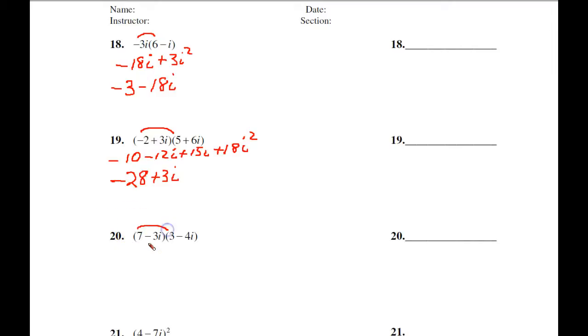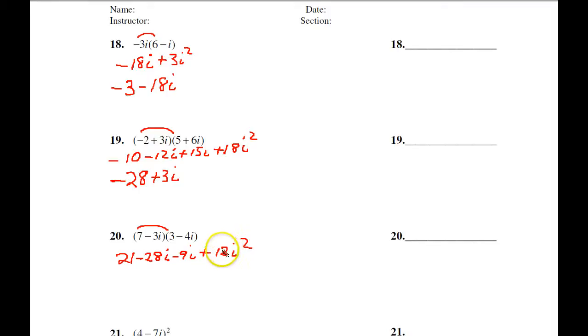FOILing, that's a positive 21. Outers is a negative 28i. Inners a negative 9i. And last, a positive 12i squared. But we know that i squared is a negative 1.